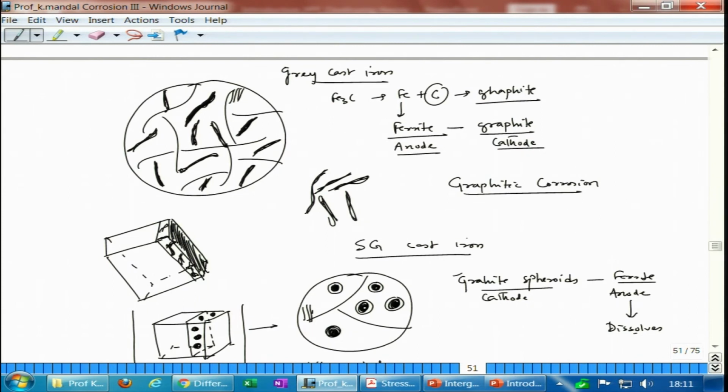So, in graphitic iron or in the steel corrosion, the first mechanism which says that active metal dissolves and the noble stuff stays back, that particular concept is valid here.